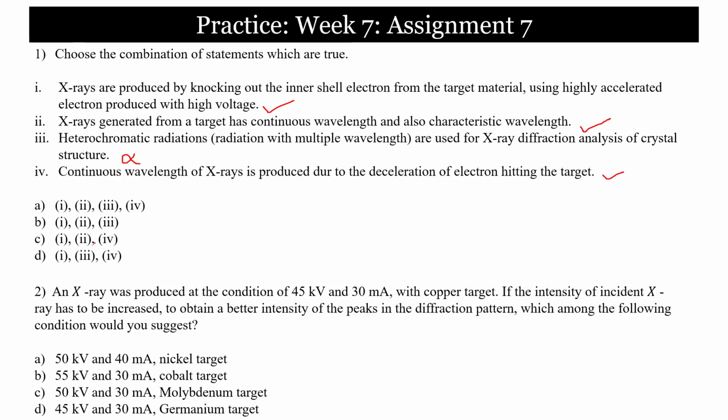So the correct answer will be option 1, statements 1, 2 and 4. So I guess option C will be the correct answer for this question. Is this clear to all? These are basically 4 points which we discussed in today's class, on how X-rays are generated.